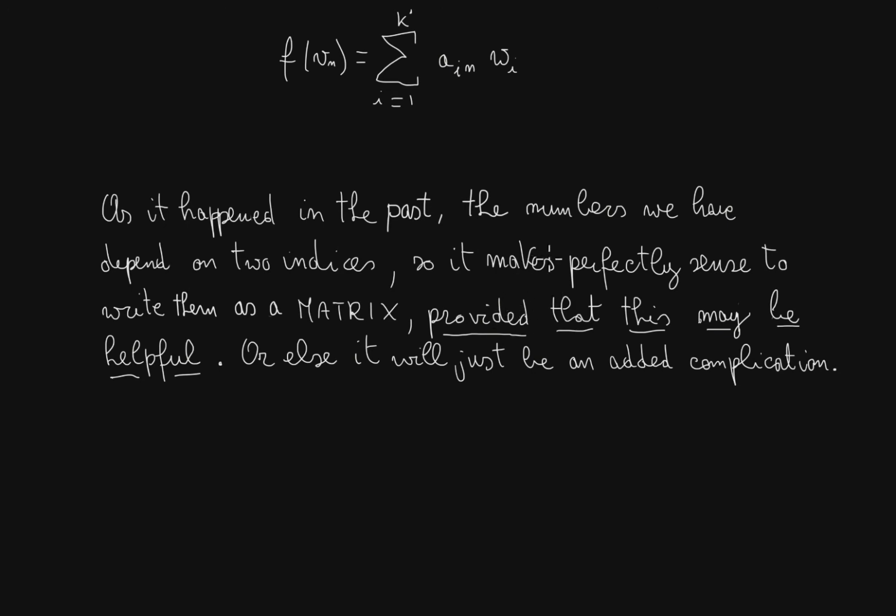When we take numbers and make a matrix out of them, it is certainly like adding structure to these numbers, and so it is an added complication. And like anything in life, an added complication makes sense provided that this complication will be useful in the future.